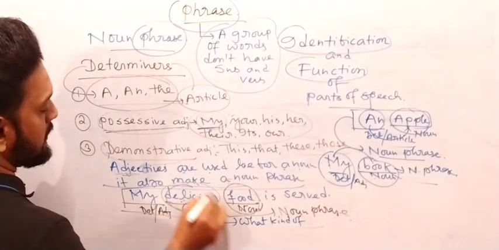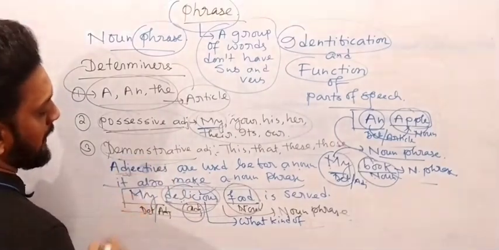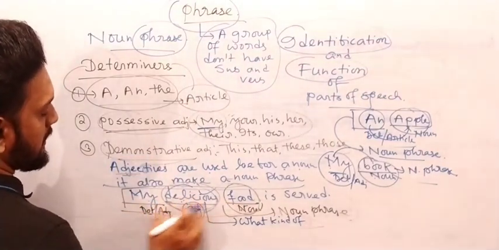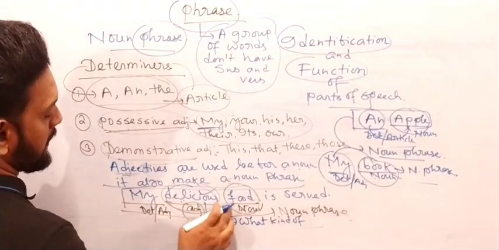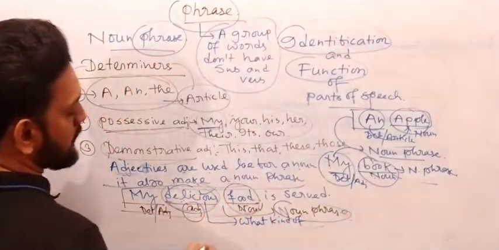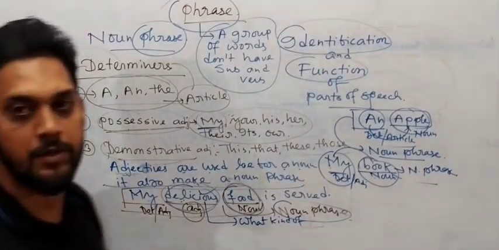What kind of food? Delicious food. Delicious functions as an adjective, acts as an adjective in the sentence. So my delicious food, how many words are there? 3. My delicious food, and these 3 words form a noun phrase. What? Noun phrase. Why? Because the last word is a noun. Got my point? As of now, all of you understood?